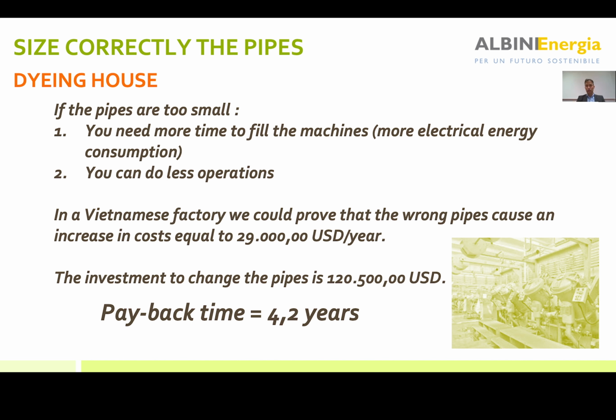So this is just to give you an example of how important it is to design the mechanical distribution for all fluids in the dye house and finishing, generally speaking, for the textile, because a mistake on such a part of the project is going to affect the running costs of your customer.